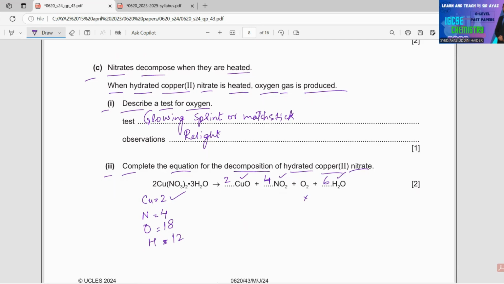Nitrogen, 2 twos are 4, and 4 on the product side. It's also balanced. What about oxygen? 2 from CuO, 4 twos are 8, plus 2 from O2 plus 6 from H2O. Adding these, 8 plus 2 is 10, 10 plus 2 is 12, 12 plus 6 is 18. It's also balanced. Hydrogen is also balanced. This equation is balanced.